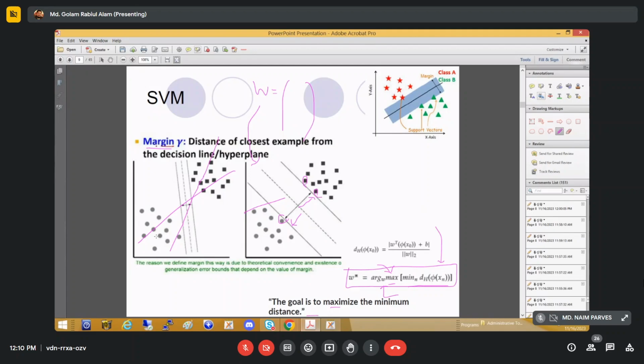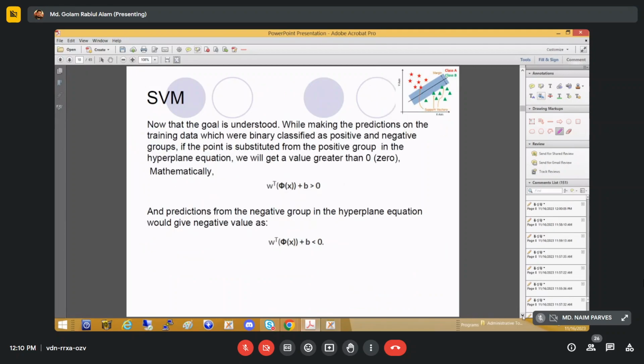Our goal is to find the correct classification. So we have to place the support vectors in such a way that on one side we get all the positives, and on the other side we get all the negatives. So now we have to incorporate that constraint also in this equation.